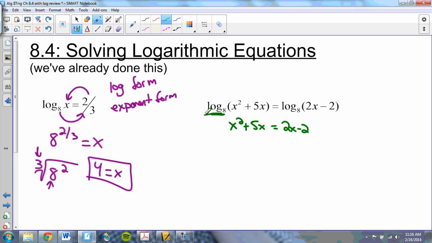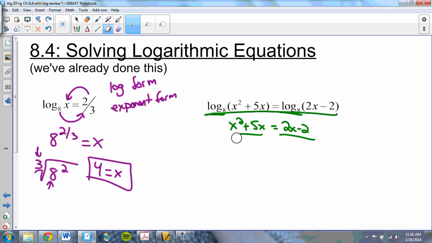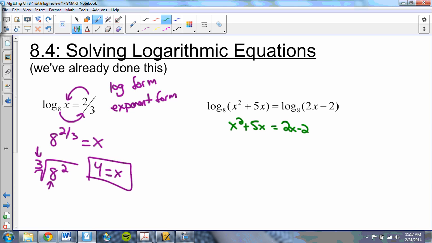Because these are the same, if this is a true statement, logically this has to be a true statement. And the only way the top statement is true is if the bottom statement is true. So we can just drop the logs. When there's a single log on both sides, you can just drop it. Now, I'm going to solve this like regular. Subtract 2x and add 2.